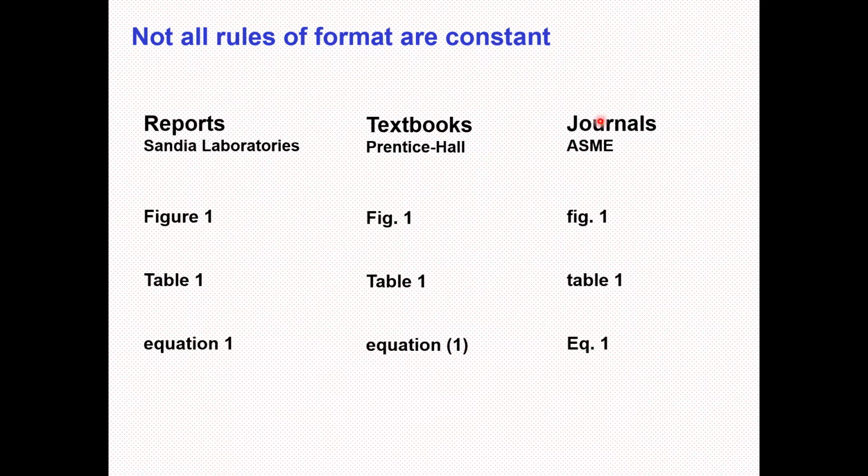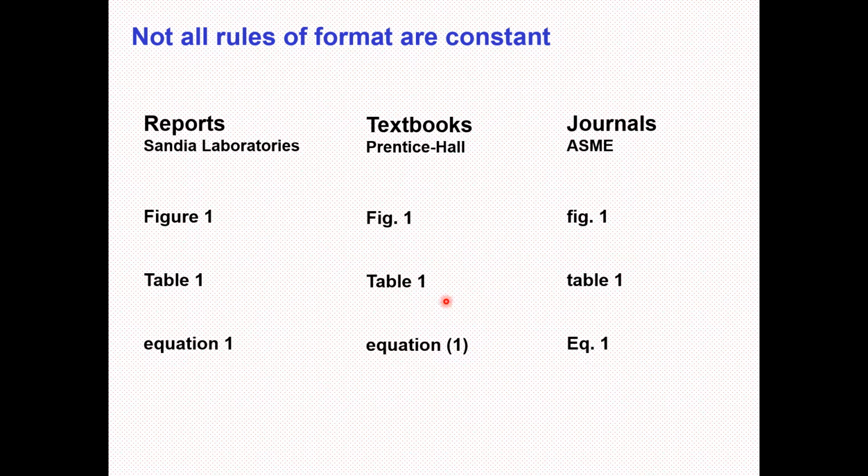And similarly, if you are doing this for a journal, you have to follow the journal style. You should write Fig. 1. It's almost similar to this, but here you can see a capital F, while here we have a small f.